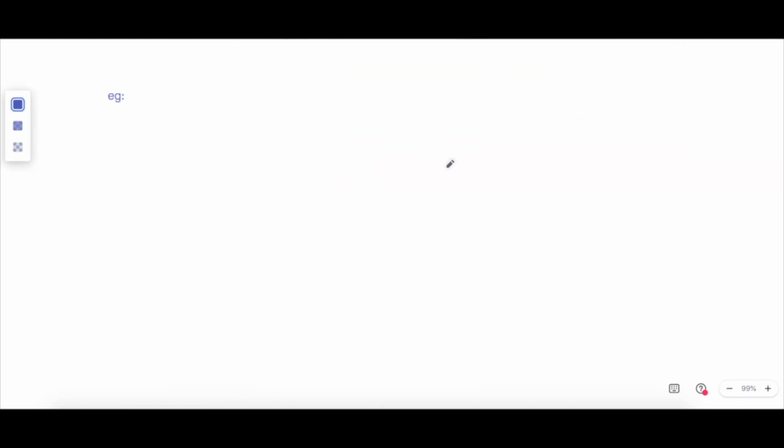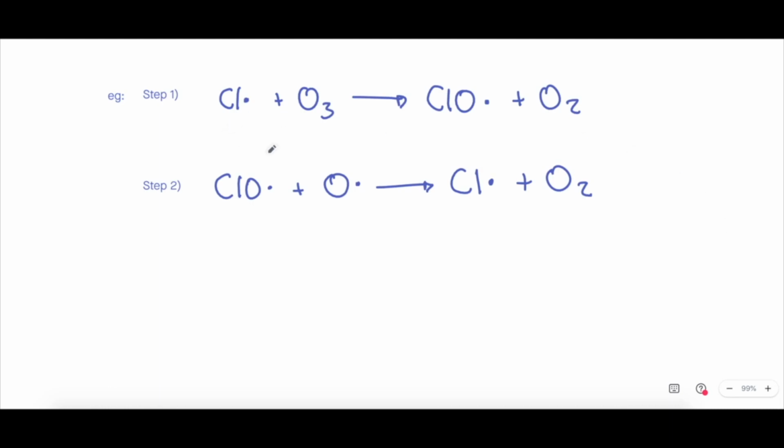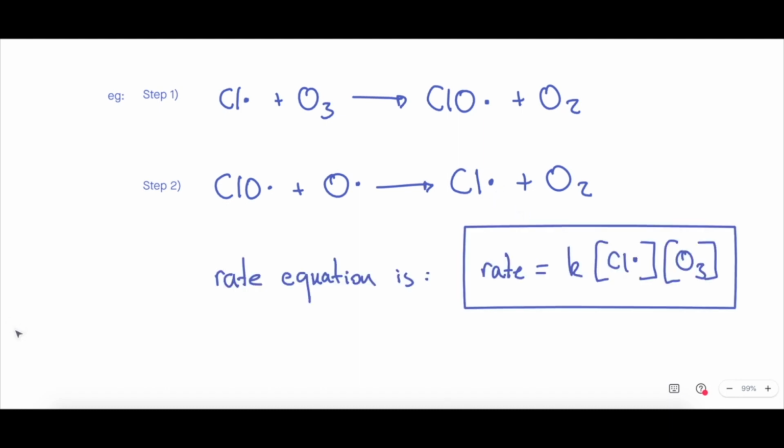So let's say we have a reaction with the following mechanism. So a chlorine radical is reacting with O3 to form ClO radical and O2. Then the ClO radical is reacting with an O radical to form Cl radical plus O2. So in this question, they've given us 2 steps, and they've also given us a rate equation.